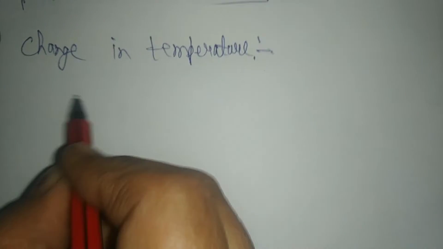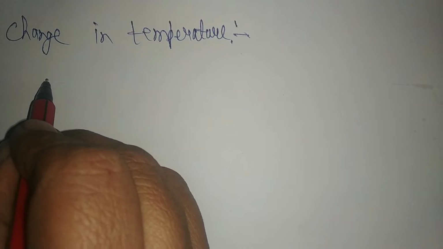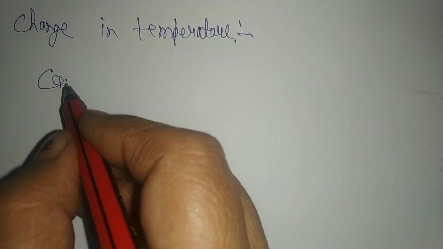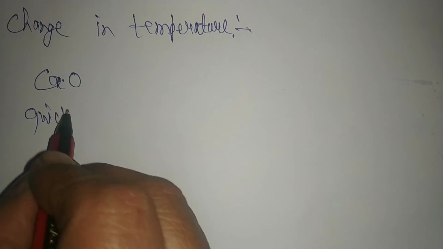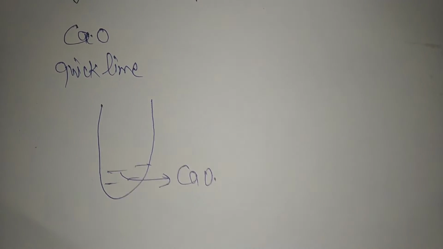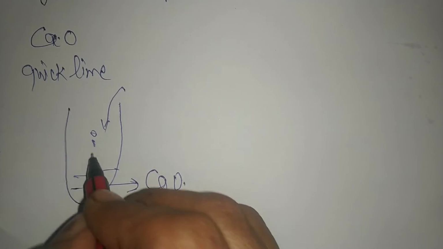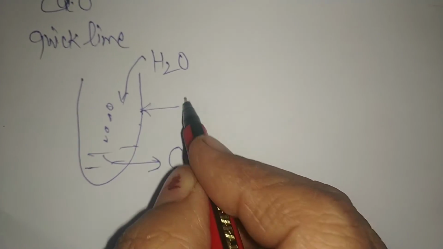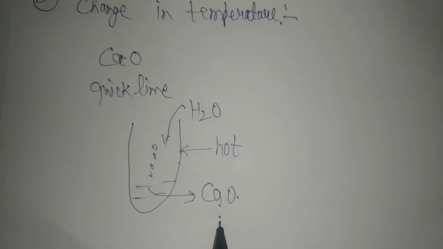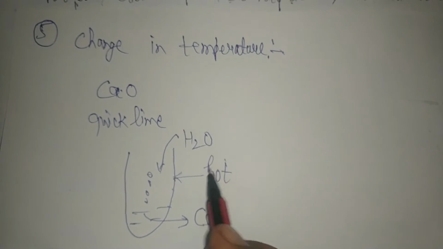So we have seen, if there is quicklime or calcium oxide, suppose I take a test tube and add some calcium oxide in it, and if I add little water drop by drop, after some time I will see that this test tube has become hot. So hot means temperature has changed.